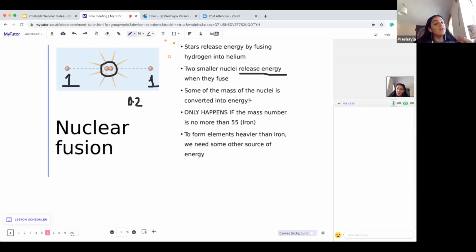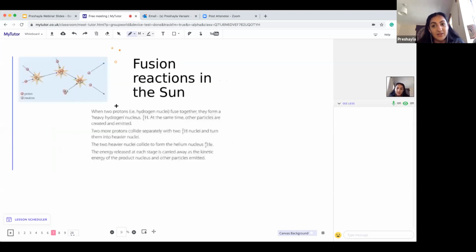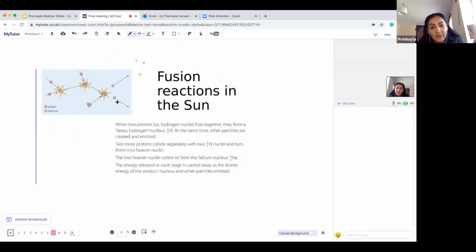So if the element is heavier than iron, then it needs some sort of extra energy to fuse. If it's lighter than iron, it's fine, they can fuse and create a heavier nucleus. So it needs to be lighter than iron. Otherwise, if it's heavier than iron, it needs more energy to fuse.